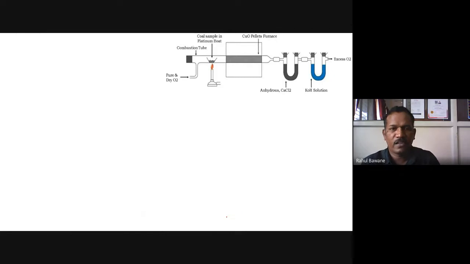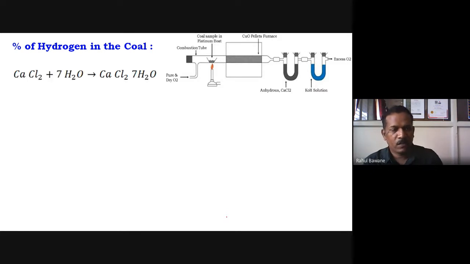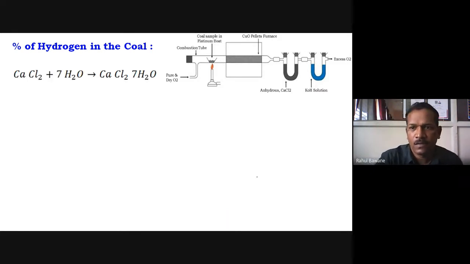Now, for H2O, percentage of hydrogen. For percentage of hydrogen, we have to calculate the total weight of H2O, water vapors. Now the reaction: all H2O gets absorbed in this first U-tube, which has anhydrous calcium chloride.